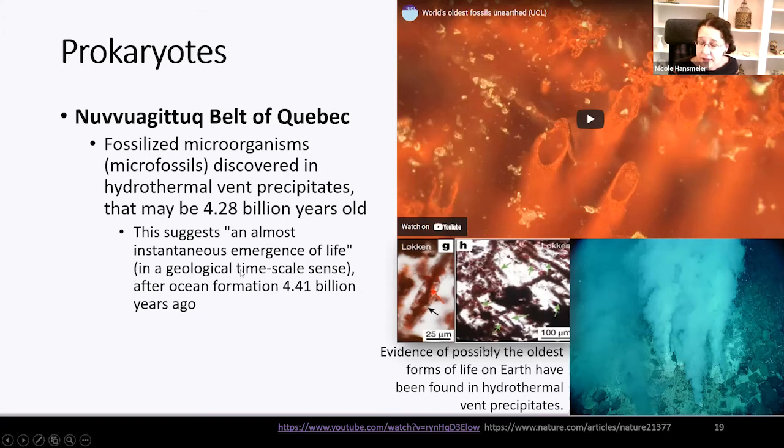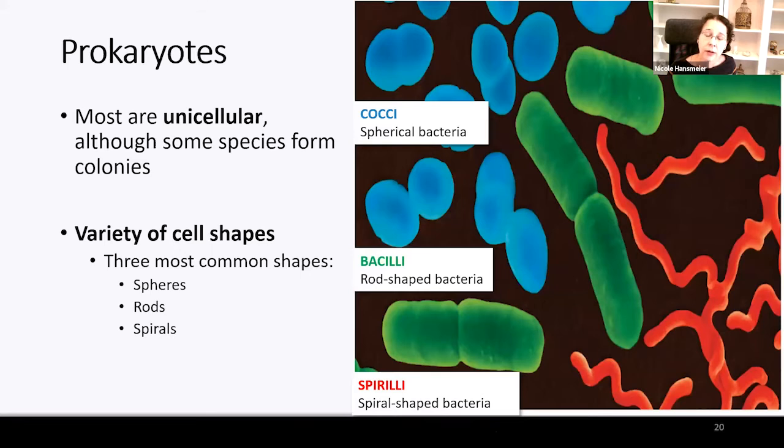To go a little bit further, when we talk about prokaryotes: we are multicellular, so we have a lot of cells working together, a lot of tissues, a lot of organs made of a lot of cells. Prokaryotes, on the other hand, most of them are unicellular.